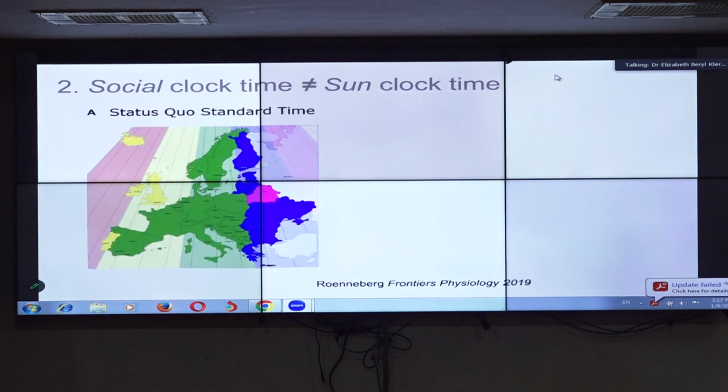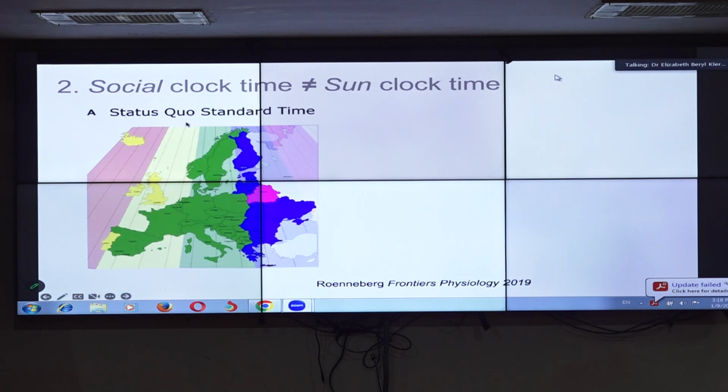The second relationship is the relationship between social clock time and sun clock time. I already gave you one example from seasonality. Here's another example from time zones, which are social time zones imposed by the individual countries, and the actual sun time.